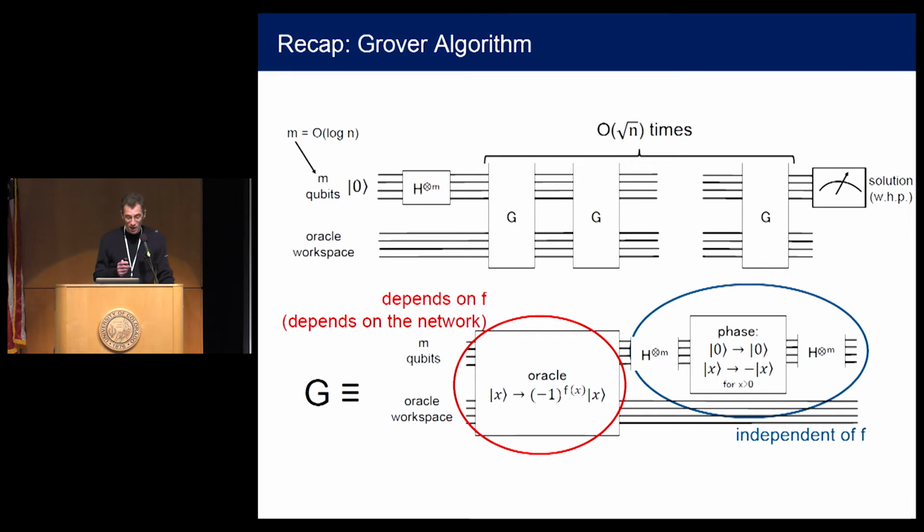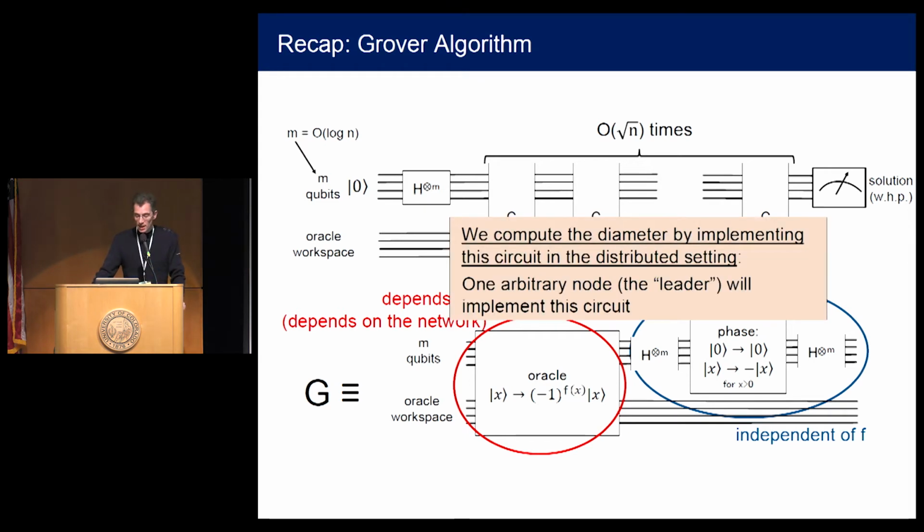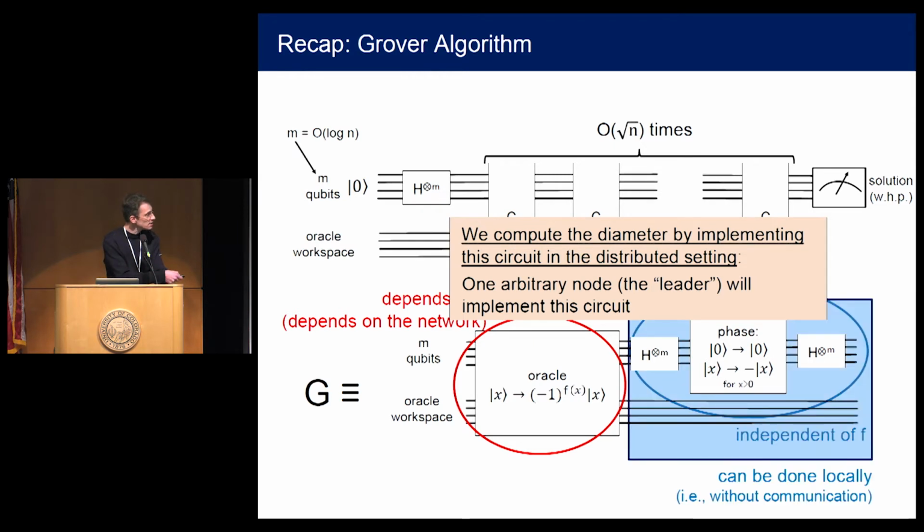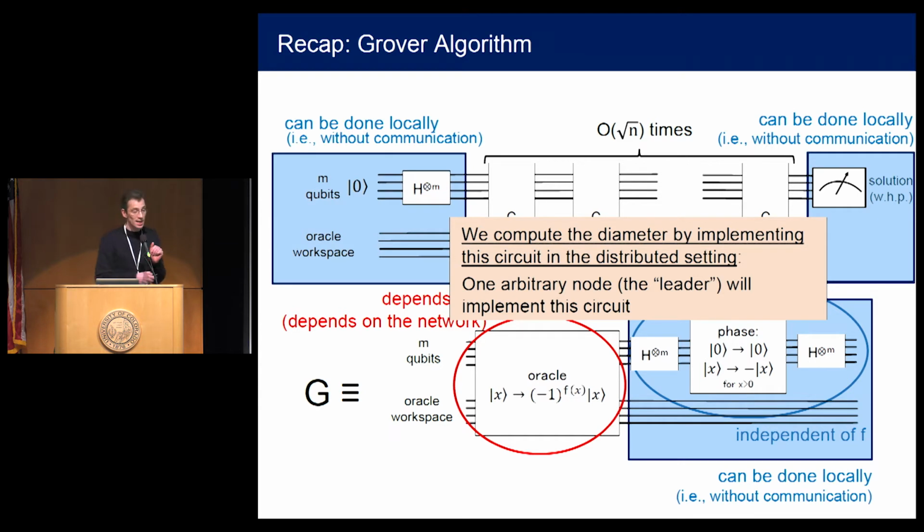Now our idea will be to compute the diameter by implementing this circuit. We will choose one arbitrary node of the network. We'll call this node the leader. Any node can be a leader. And we will ask the leader to implement all this circuit. Of course, the leader can implement this part locally without any communication, this part locally and this part locally.